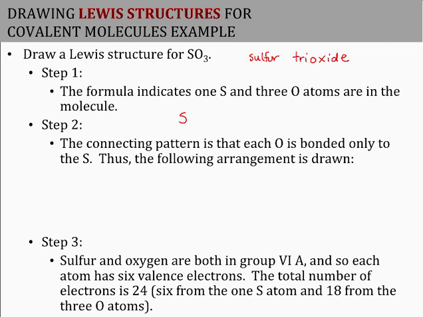Now, sulfur is in group 6 and has 6 valence electrons. Oxygen is also in group 6 and has 6 valence electrons. So how do we choose which one goes in the middle? So another way to figure it out is whichever element is by itself, that will go in the middle. So we're going to put sulfur in the middle.